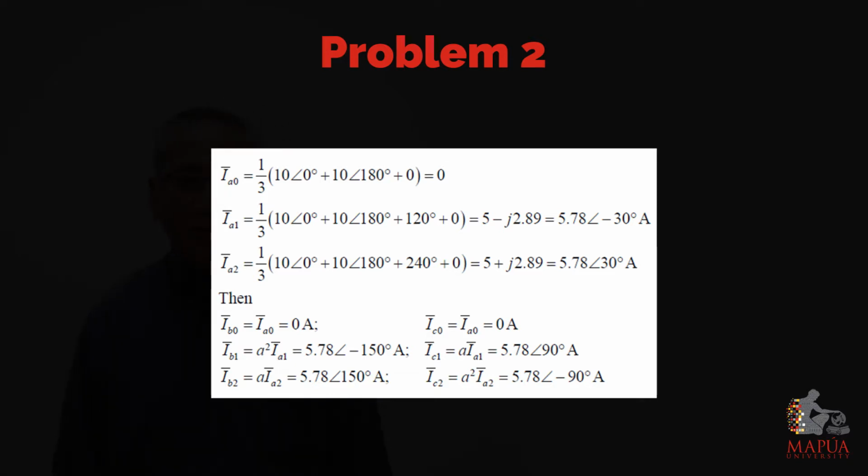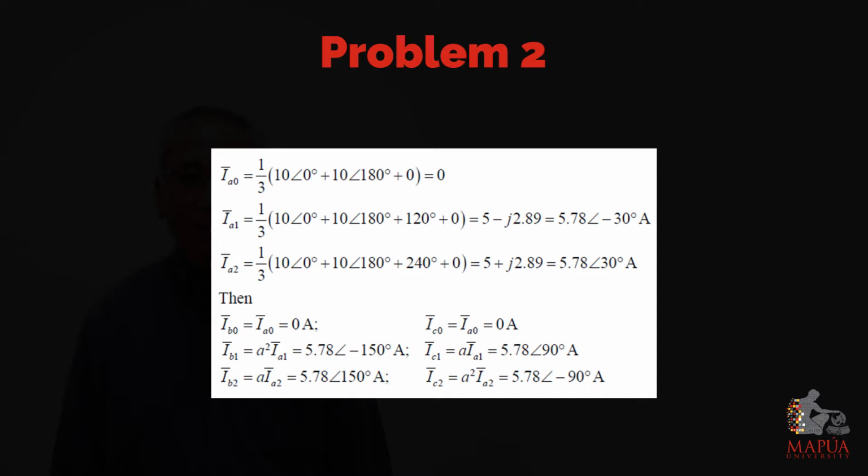Having these sequence currents IA0, IA1, IA2, we can now determine the sequence currents of IB and IC. IB0 and IC0 are just equal to IA0. IB1 is equal to A square IA1, so that gives us 5.78 angle negative 150 degrees amperes.